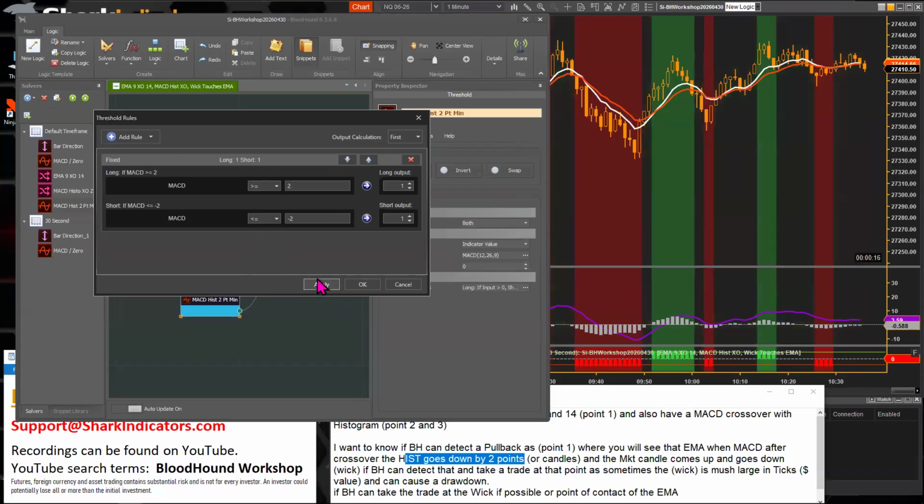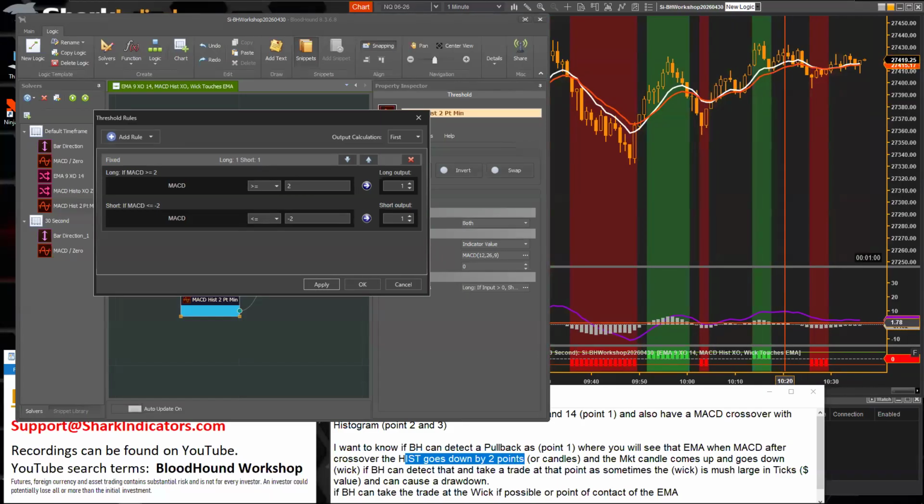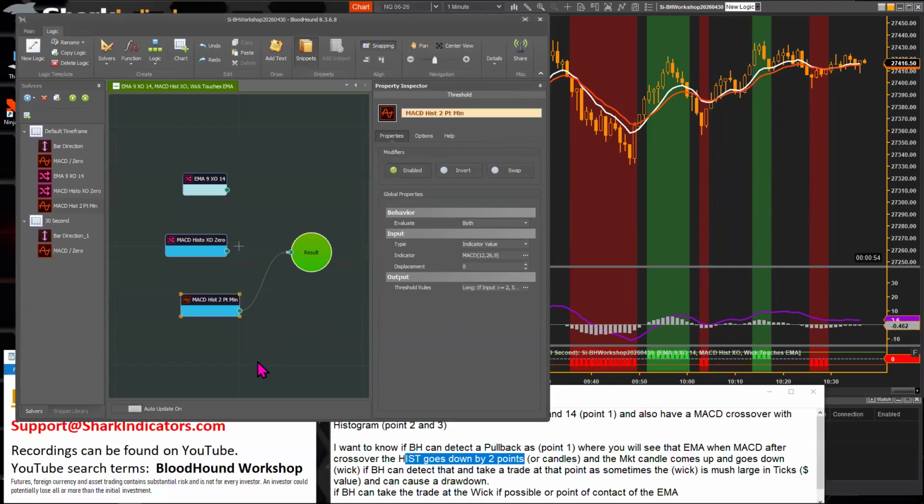So now when we hit apply, there we go. Now we see we have some gaps in the output here. So this gap here, where there's no output from Bloodhound, is because the histogram is less than 2 or greater than -2. So there's that 2 point requirement there.